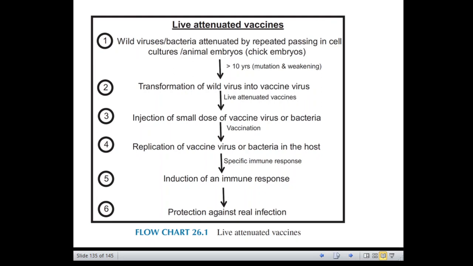They multiply in the human host and provide continuous antigenic stimulation over a period of time. Right. So, how are the live attenuated vaccines prepared? They are prepared from attenuated strains that are almost or completely devoid of pathogenicity but are capable of inducing a protective immune response.